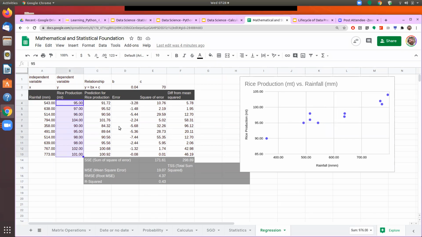So for example, here we are making an assumption that even if the rainfall goes to zero, some rice production will always be there, because there is irrigation facility or other ways to grow rice. So there is some relationship between the independent variable, which is the rainfall, and the rice production, but it's not completely dependent upon that.